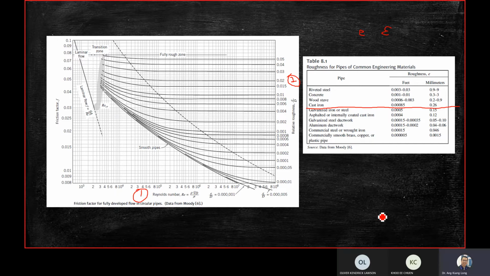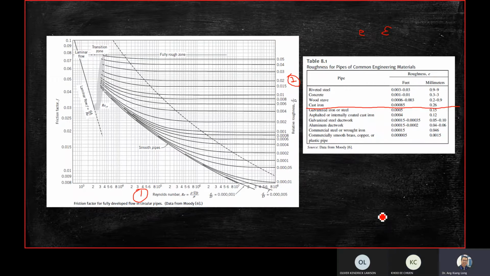Are you able to see the PowerPoint slides on the screen? Yeah. So what is the roughness value for cast iron? I already drew the line for you. 0.00085 and then also 0.26. So which one are you using? I'm using the 0.26. Okay, correct.